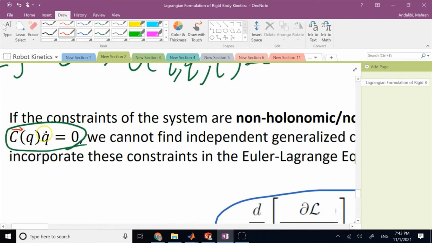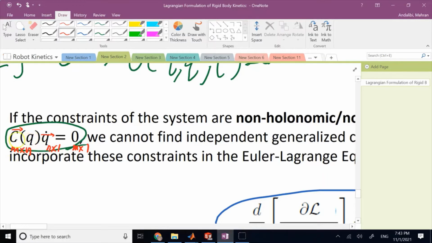If you have more than one constraint, say your q is n by 1, then C is not going to be 1 by n. It's going to be m by n, where m is the number of constraints, and so this 0 is going to be m by 1. As I said, m is the number of constraints, and n is the number of generalized variables, the dimension of the generalized vector q.